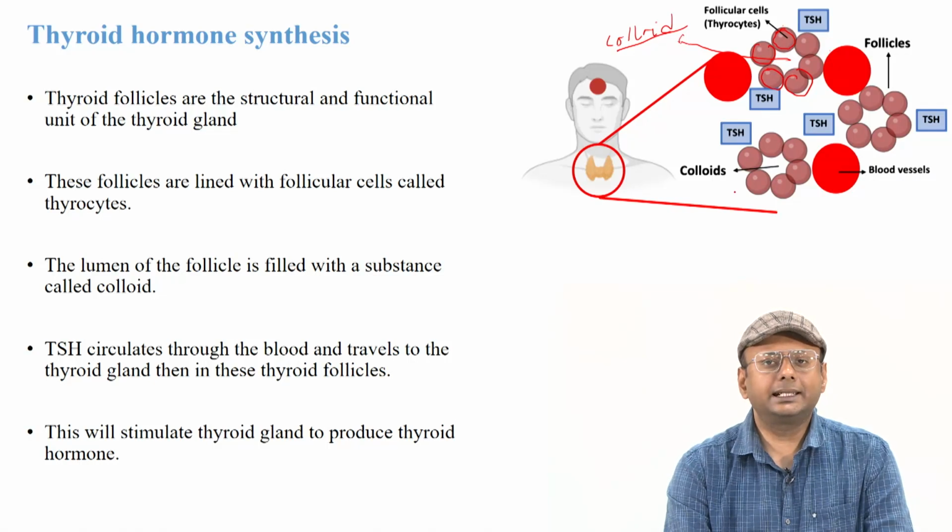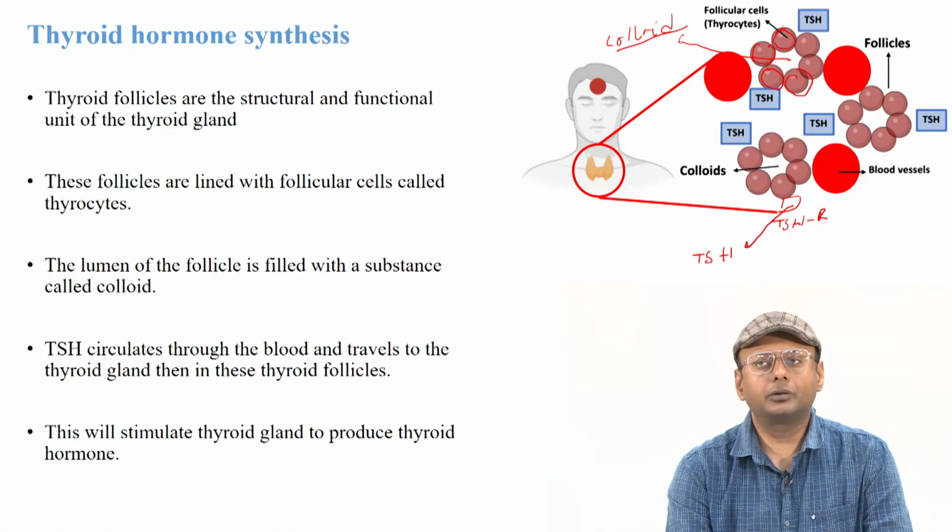And once TSH comes in the circulation, in these thyrocytes or the thyroid cluster cells, there is a receptor for thyroid stimulating hormone. This TSH eventually comes here and binds to this thyroid stimulating hormone receptor.